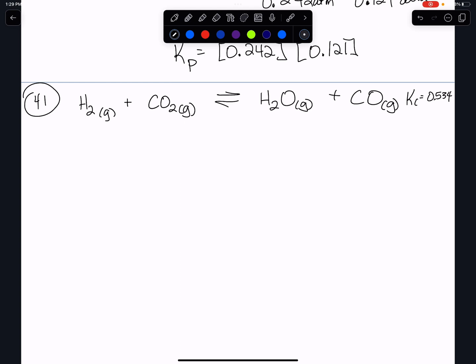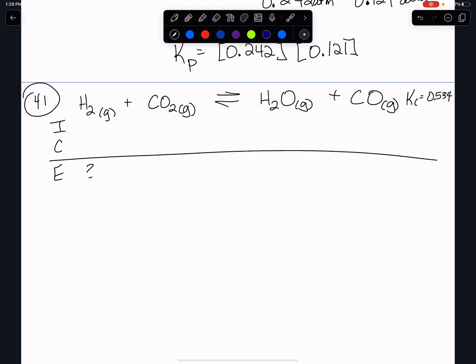And we want to know how many moles of hydrogen are present at equilibrium if a mixture of 0.300 moles of CO and 0.300 moles of water are heated in a 10-liter container.